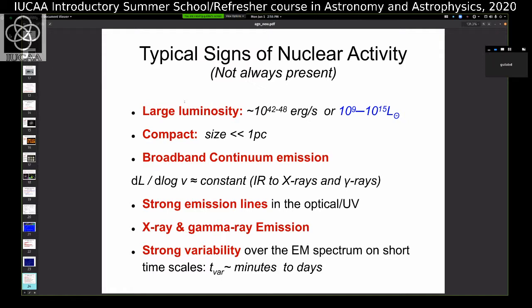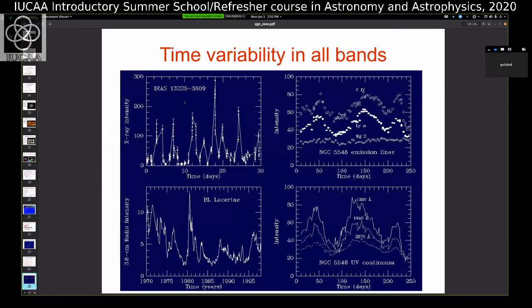There's another observational characteristic of AGN which is very important, and that is variability. Most AGNs are strongly variable at almost all bands. For example, here are the light curves of AGNs at different wavelengths. What are light curves? These are essentially the flux as a function of time.